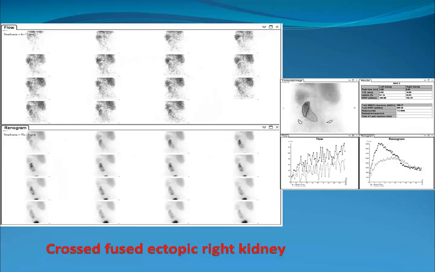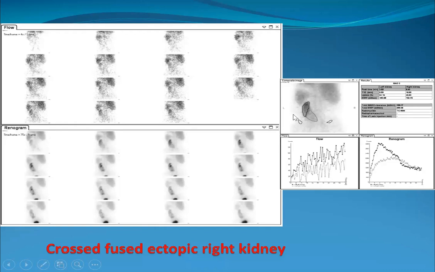Some examples for congenital anomalies of the kidney diagnosed by renal scintigraphy. Fused case of crossed fused ectopic right kidney. We see here this is the left kidney, and this is down to it, the crossed ectopic right kidney.